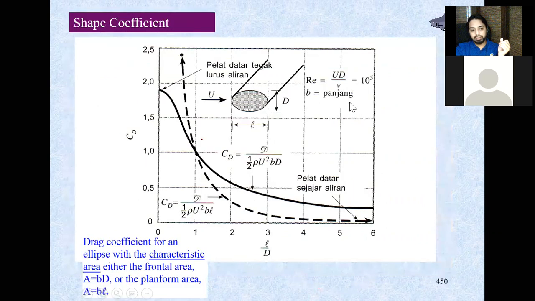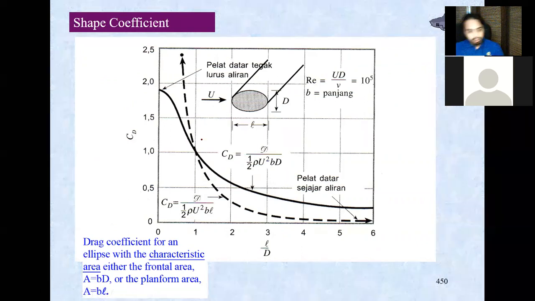Empirical results can also be used here. This CD is for the ellipse, okay? For the ellipse over here that has this shape, you have the velocity on this side.